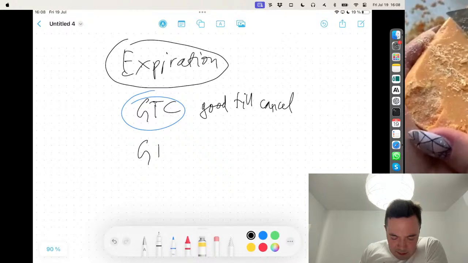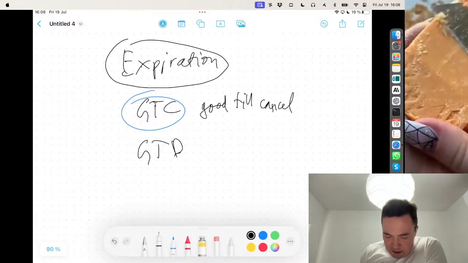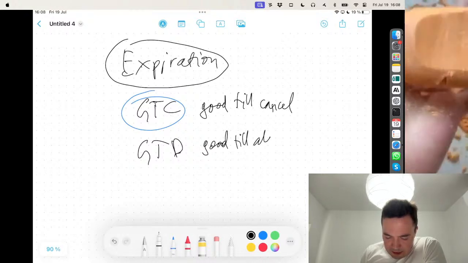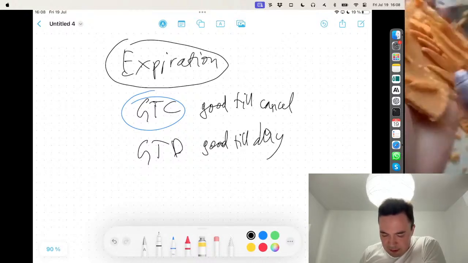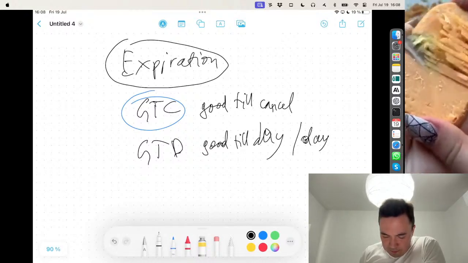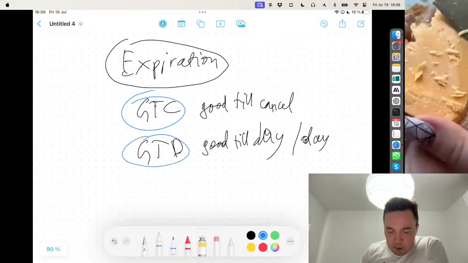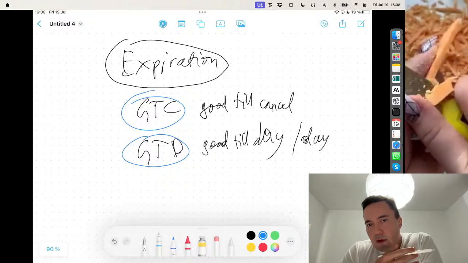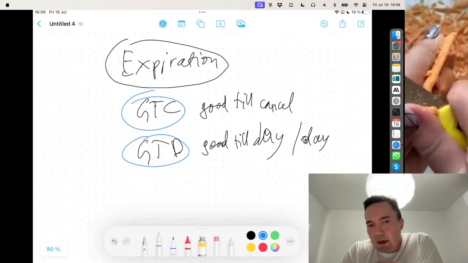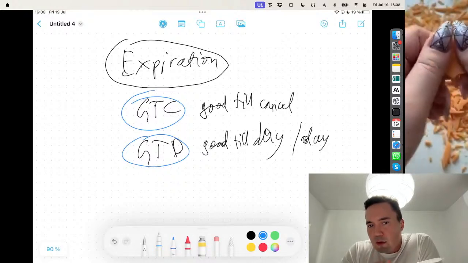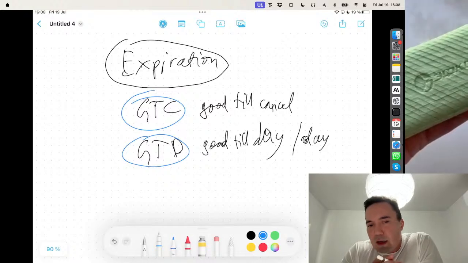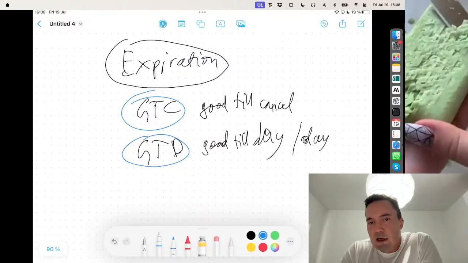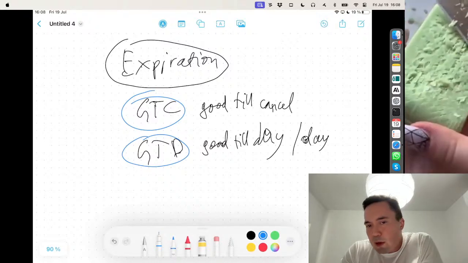The other one is GTD. I think it's called good till day, or just day order. It means that we send the order, and if no other order matches it, it will remain in the order book or in the system until the end of day. What is the end of day? Usually venues like exchanges have specific times when they open and when they close.